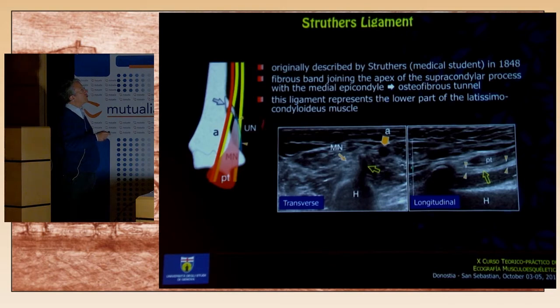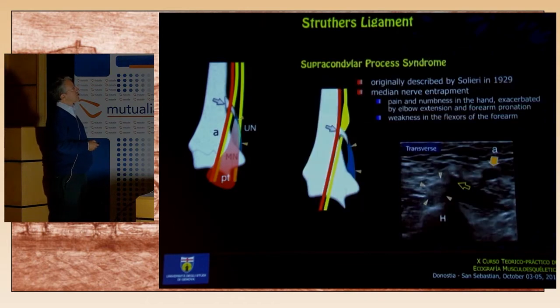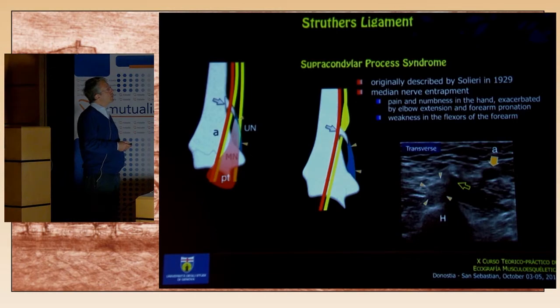There are a lot of conditions, the anconeus epitrochlearis, sorry, that may create some problems for the nerves passing in this area. So this is the only case in my life I have had with some compression of the median nerve.